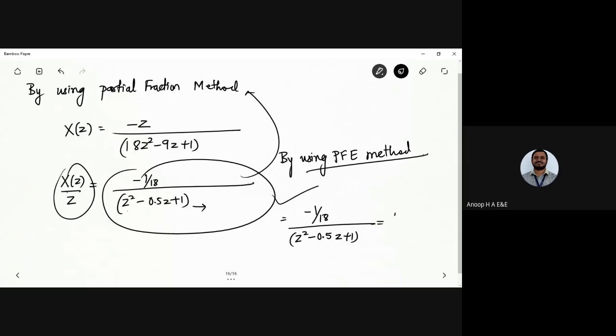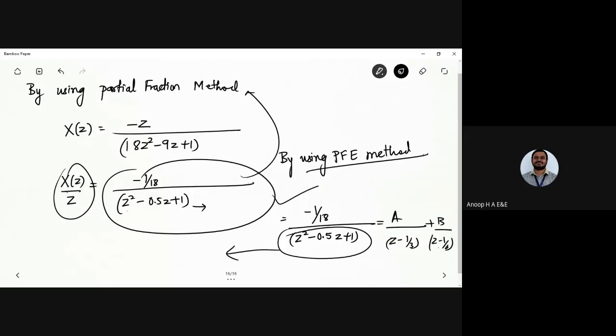That would be equal to A divided by, I need to find the roots of it, that is z minus. You can use a calculator to find out the roots, and the roots are 1 by 3 and 1 by 6: A divided by z minus 1 by 3 plus B divided by z minus 1 by 6.